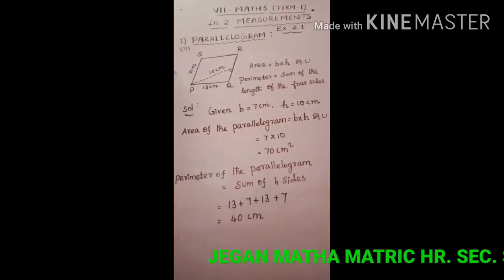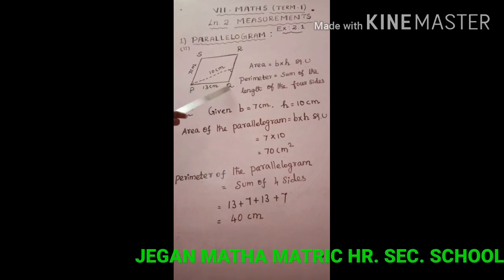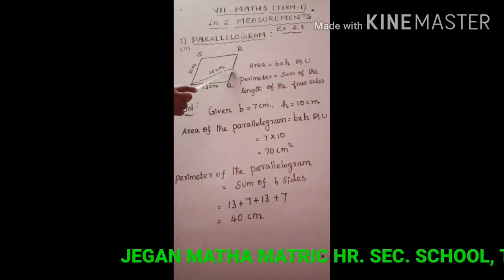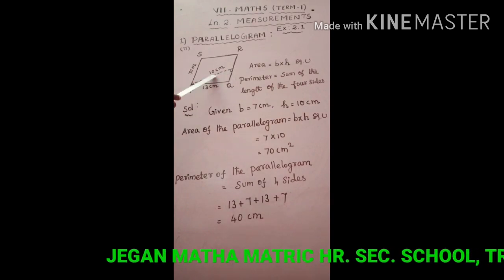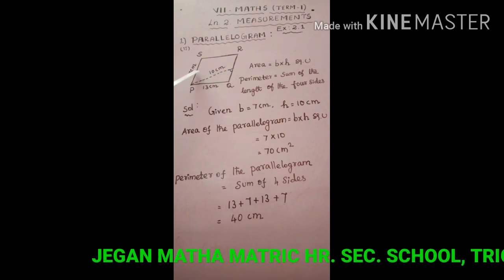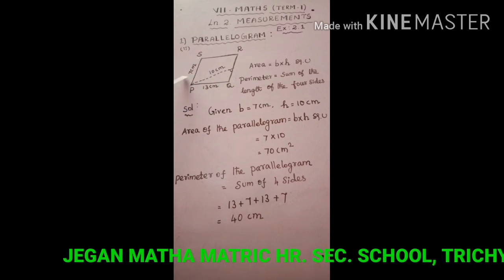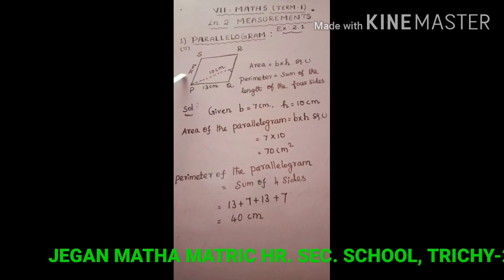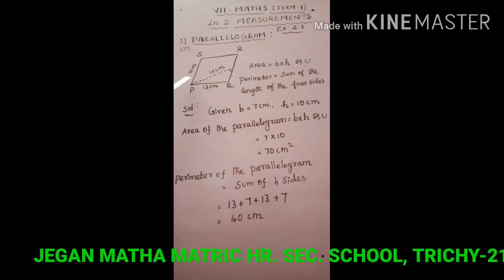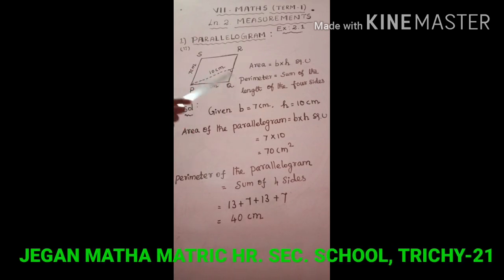Next, the second one, PQRS is a parallelogram. Find the area and perimeter of the given shape. Here the height is given, that is 10 centimeter. So the side opposite the height is the base. Here SP is the base. So base is equal to 7 centimeter. Then height is equal to 10 centimeter.